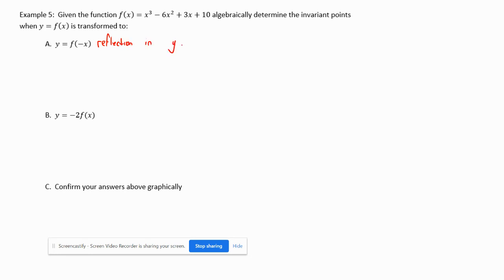So this is a horizontal reflection in the y-axis. Therefore, the y-intercepts are invariant. So how to figure out y-intercept? Well, we just make x equal to 0.